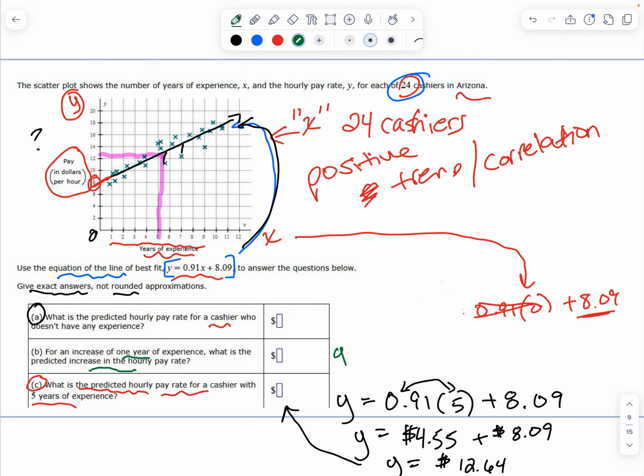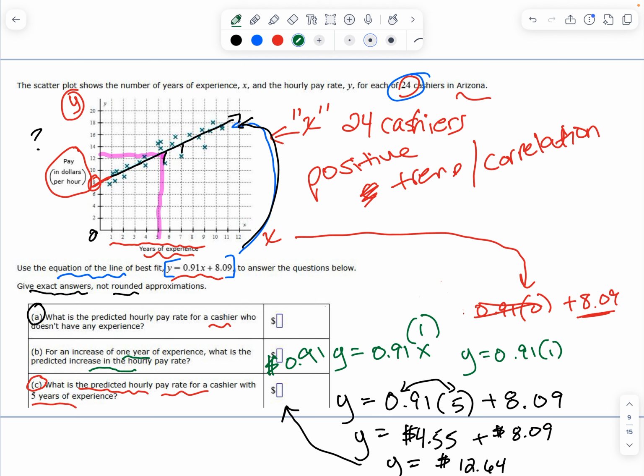Well, if we use part of that equation, y equals 0.91x, and put a 1 in for x, that's 1 year of experience, you can expect a 91-cent raise. Okay, so that's what's changing.